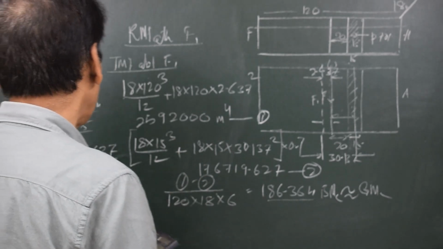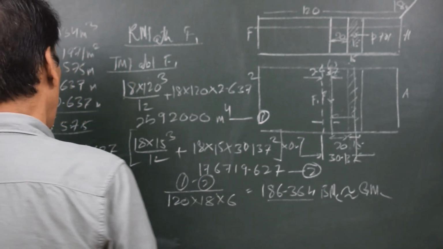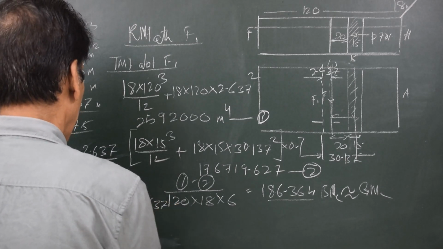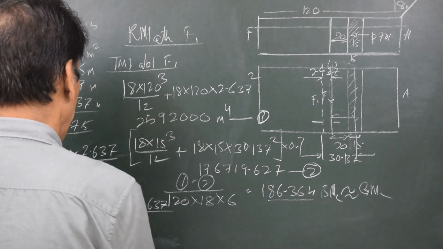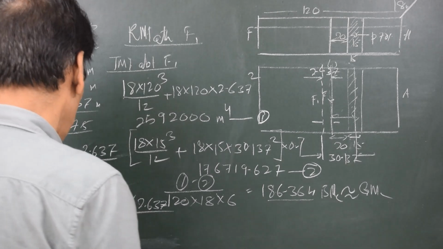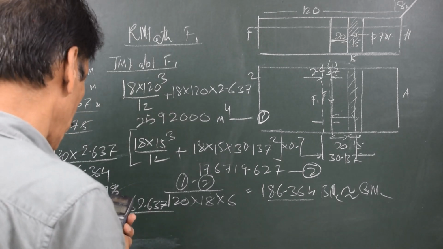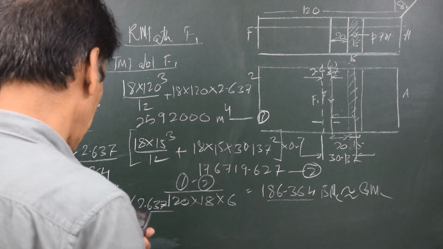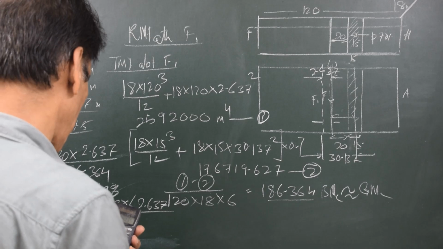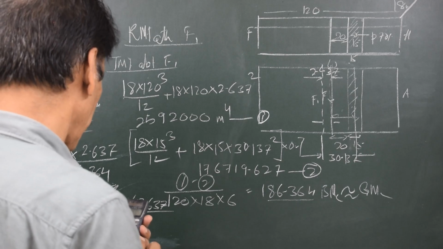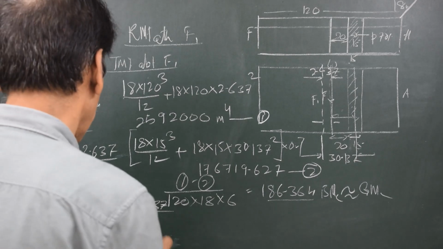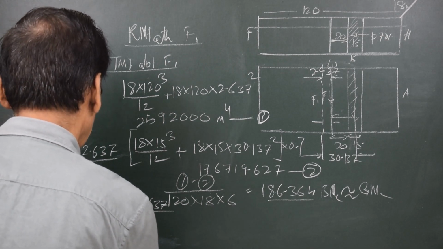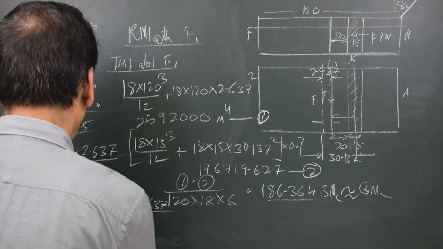So the new LCF will be 62.637. 62.637 divided by LBP, that is 120. So let's do this calculation: 62.637 divided by 120 gives me 0.886 meters, that is the TRA.